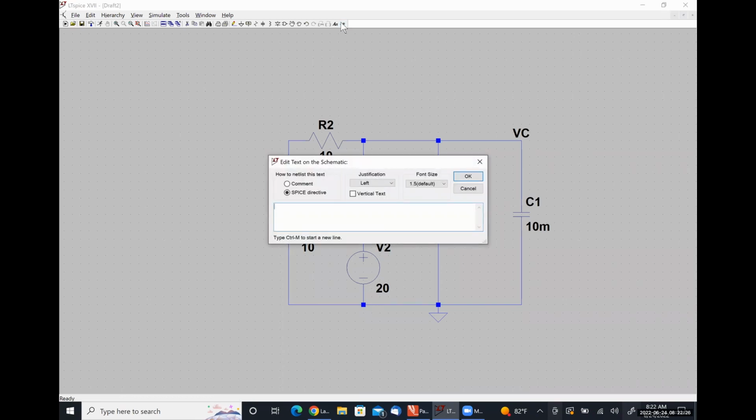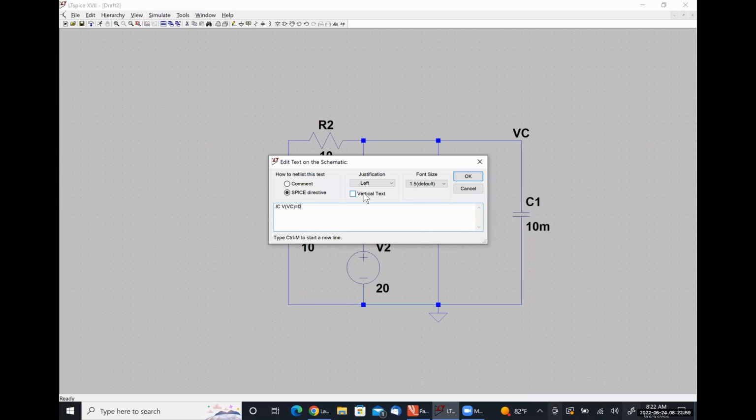So to give myself an initial condition for my capacitor voltage, I'm going to type .IC for initial condition, space, V, open parentheses, VC, close parentheses, equal 0. So this is saying effectively that the voltage at node VC is starting off at a value of 0.